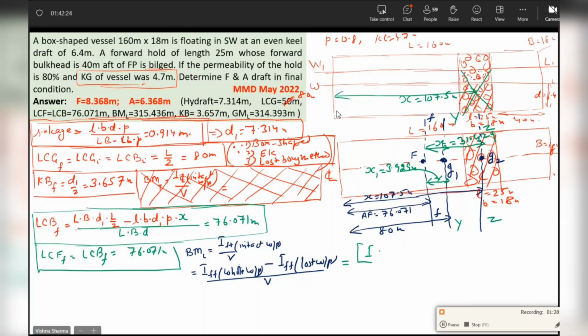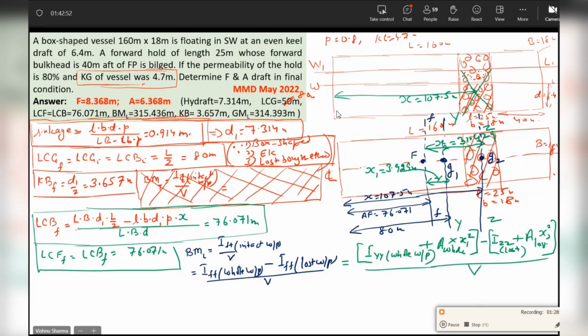It will be IYY of the whole water plane plus area of the whole water plane into x1 square, minus IZZ of the lost water plane plus area of the lost water plane into x2 square. Whole thing divided by volume of displacement. Mind you, the minus sign is outside the box bracket.